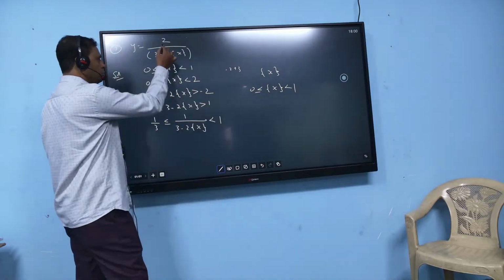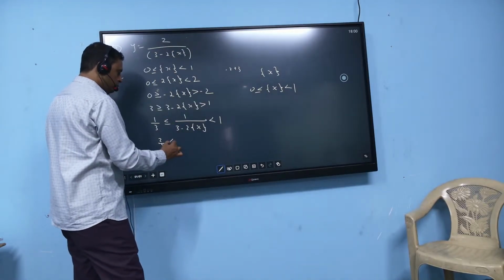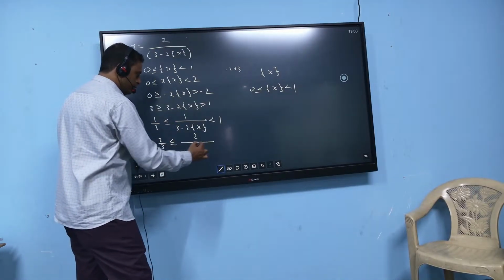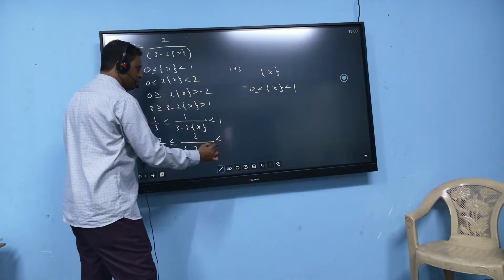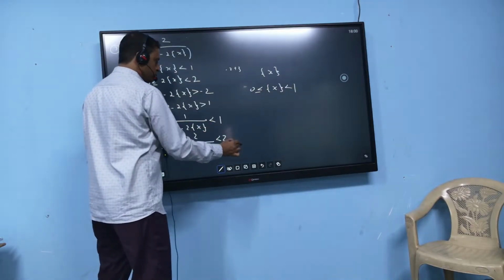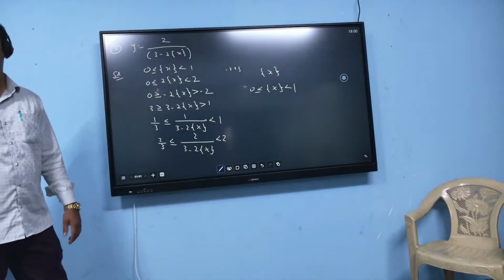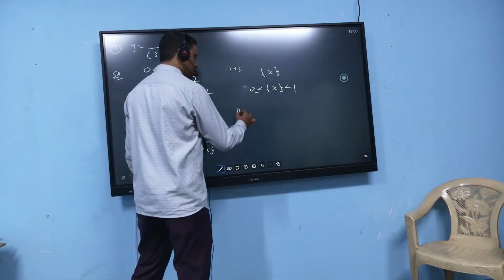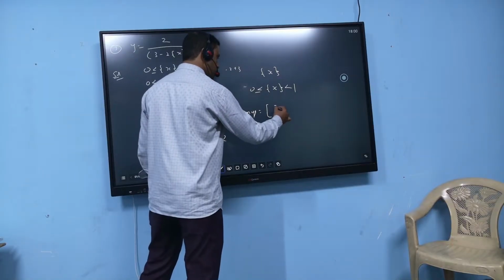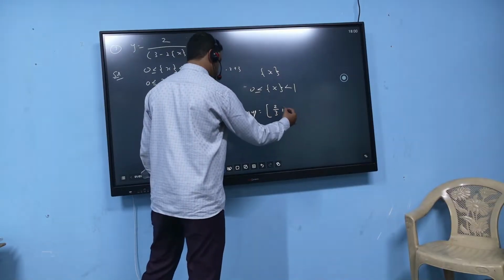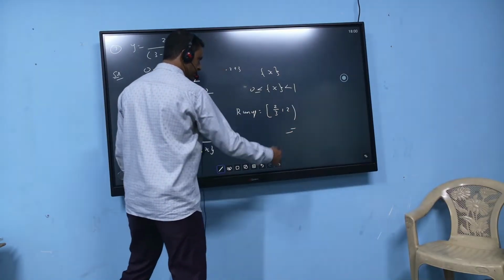Now I want to multiply by 2. So 2 by 3 less than or equal to 2 divided by 3 minus 2 fractional part less than 2. So what is the range? Range is nothing but 2 by 3 comma 2 close bracket.